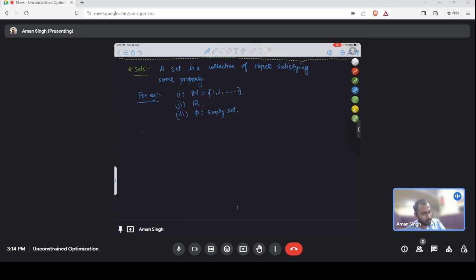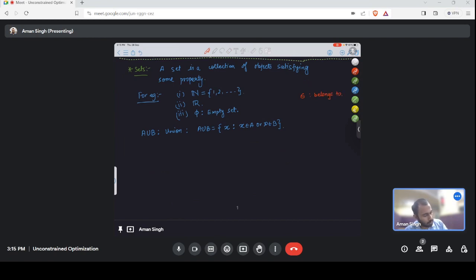Then we can define some set operations, like union. You already know this, but A union B is basically x such that x belongs to A or x belongs to B. Here this symbol is known as belongs to.